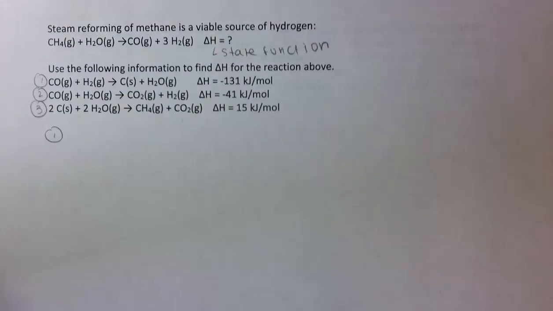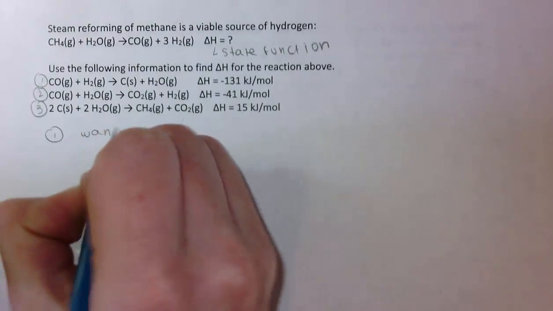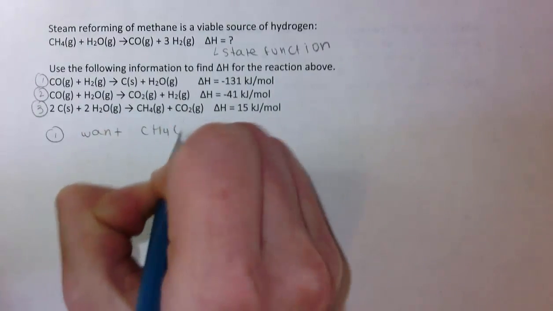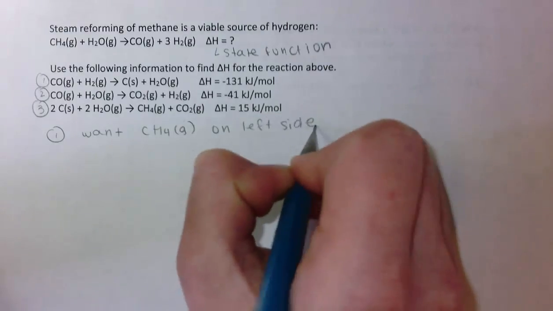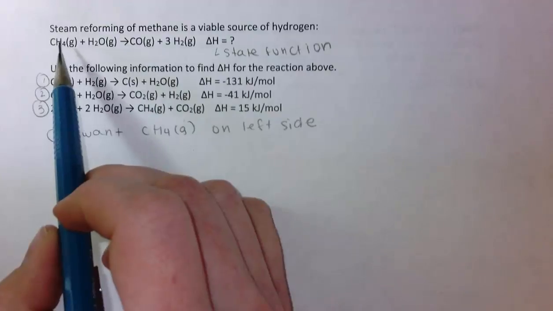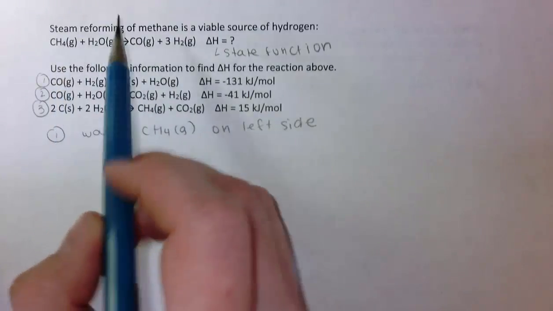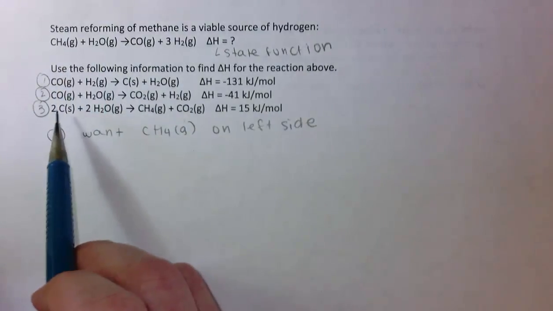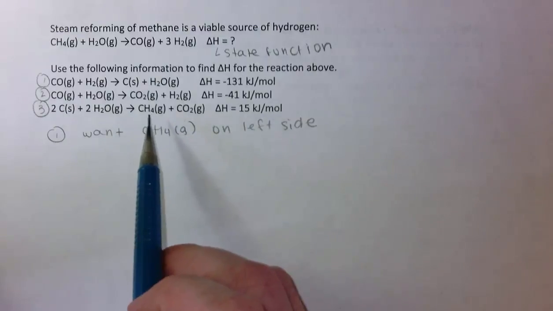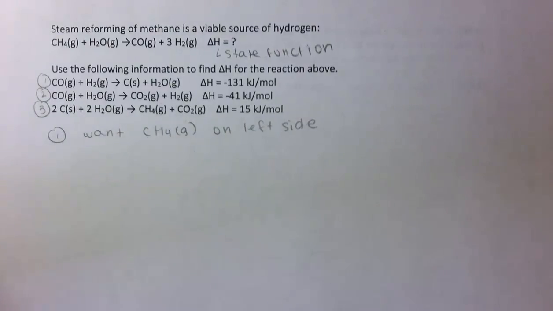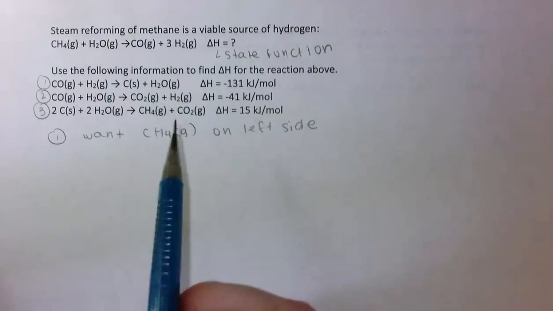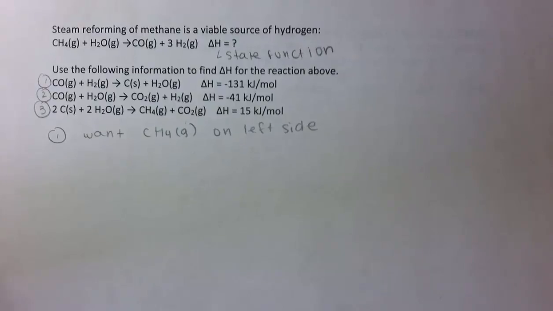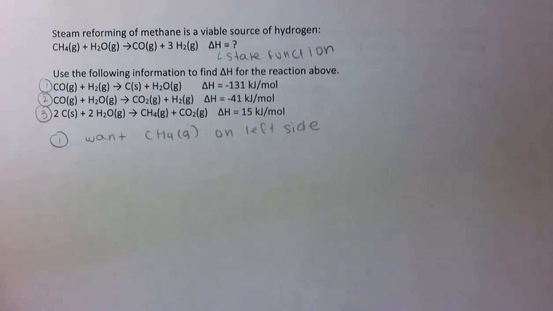The first thing I noticed is that we want methane on the left side. So I looked at this equation and said, okay, we're starting with methane. My sub-equation number 3 has methane on the right side. Well, I want to flip that. So essentially I want to reverse this reaction, and to do that, I'm just multiplying this entire equation by -1.